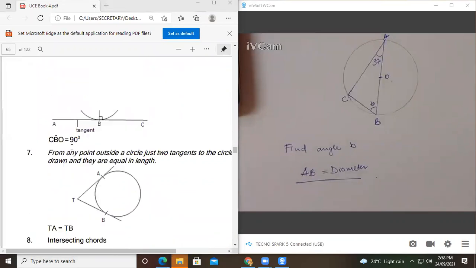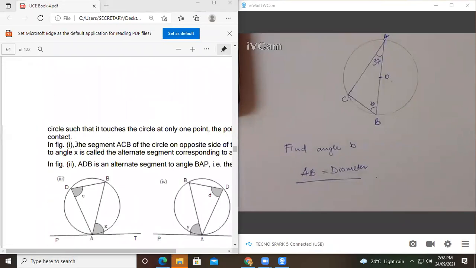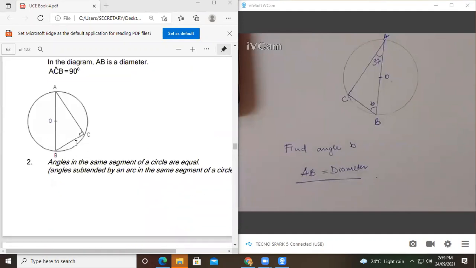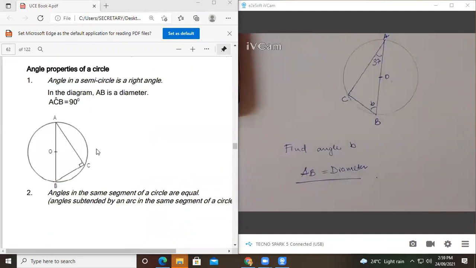Members, do you see this? Let me show you the real one. Do you see number one? What does it say? Angles in the same segment of a circle are equal. Angles in a semicircle.